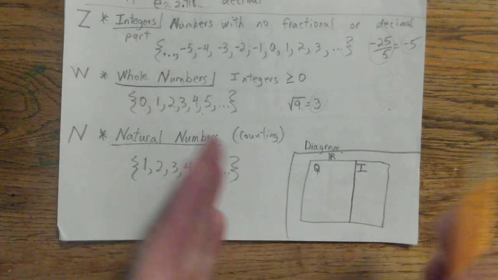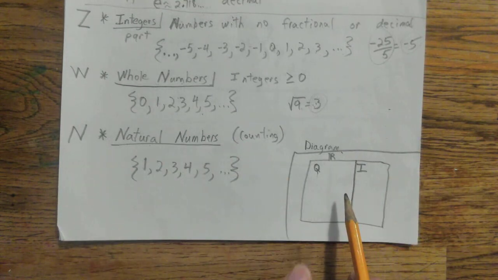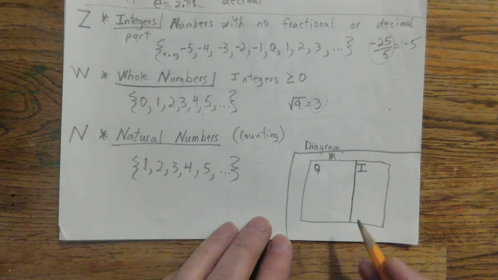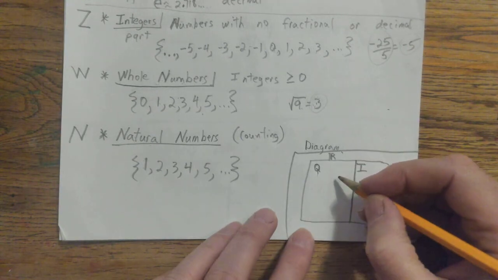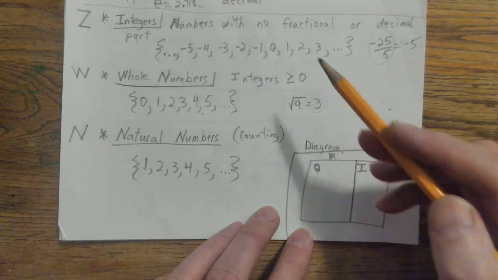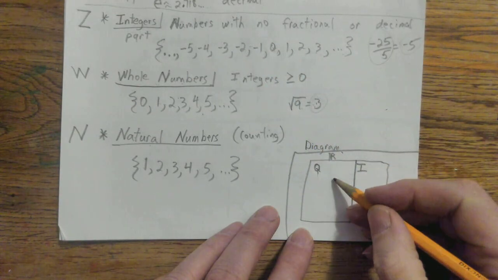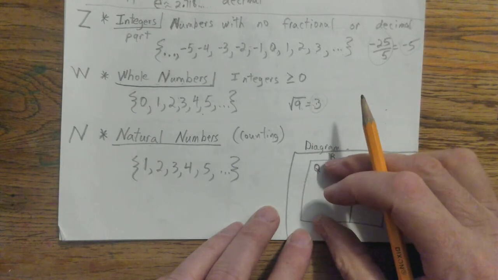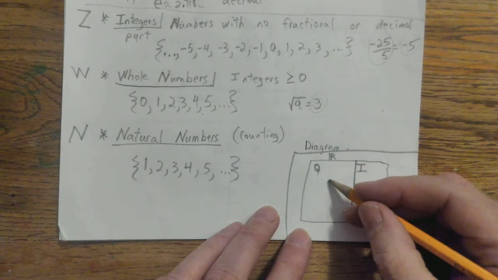Those are the only two divisions it can be. All right. Now, inside all those rational numbers, we could have the integers, whole numbers, and natural numbers. That's not the whole part.